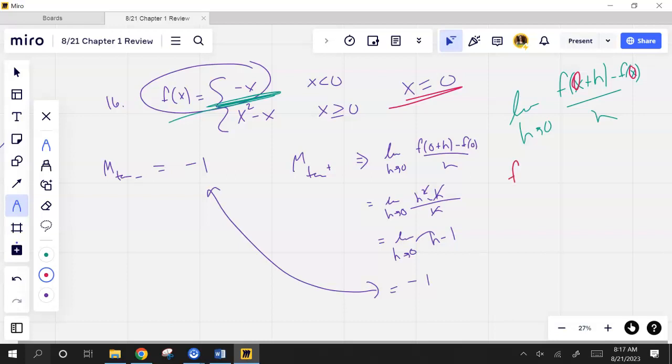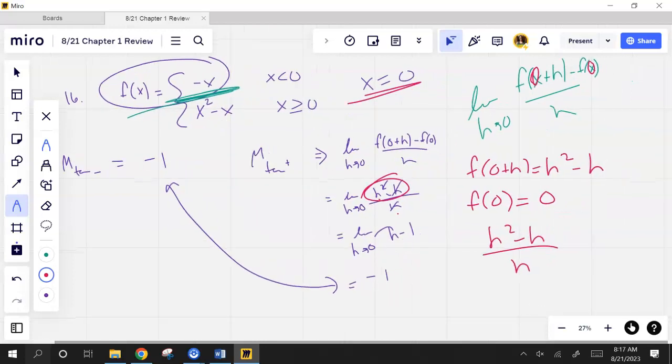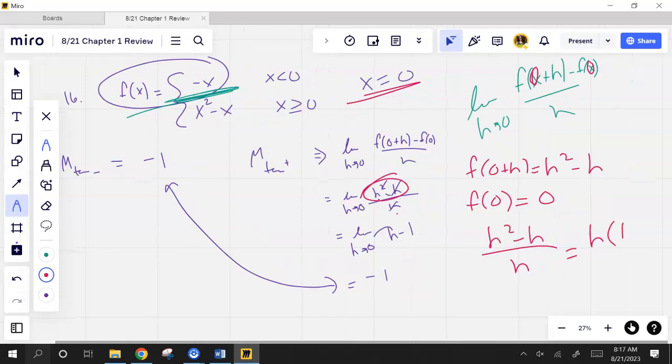Okay, so f of 0 plus h is h squared minus h, right? That's where this comes from. F of 0 is 0, okay? So I got h squared minus h over h, yes? Well, then everybody's got, so h squared minus h, maybe this is where I lost you all. I could take an h out of the top.